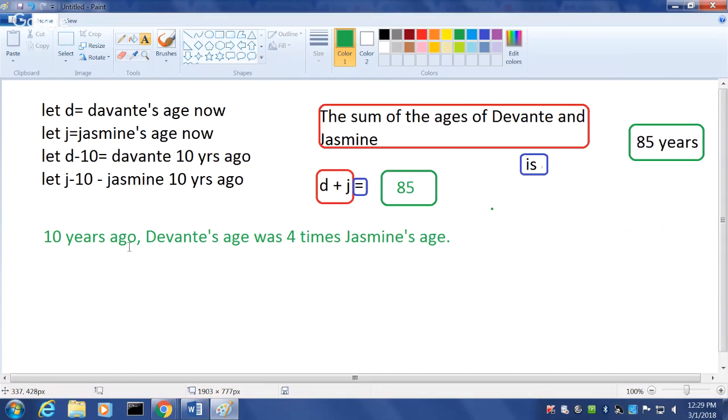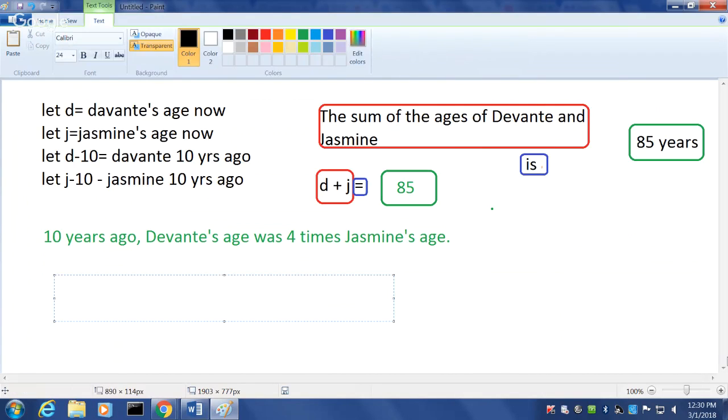Well, that would be if Devonte's age was currently 4 times Jasmine's age. We're not talking about their current ages. We're talking about 10 years ago. And so what's Devonte's age 10 years ago?